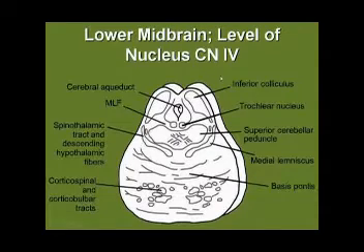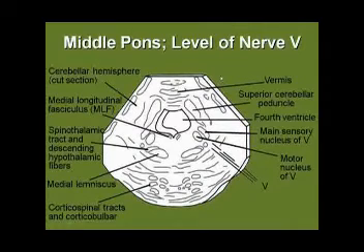Then, when we move down to the upper pons, this is the entry or exit point of cranial nerve 5. And the point we want to make here is that right at the entry or exit point of cranial nerve 5 are two trigeminal nuclei. One of them is the main chief or principal sensory nucleus of 5.